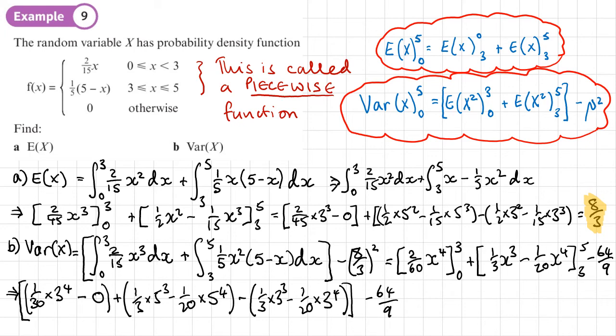So we'll do that on our calculator and see what we get. Okay, my calculator is telling me that that's 19 over 18, so I'll leave it exact like that.